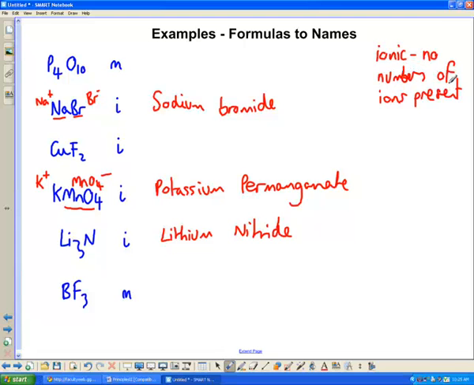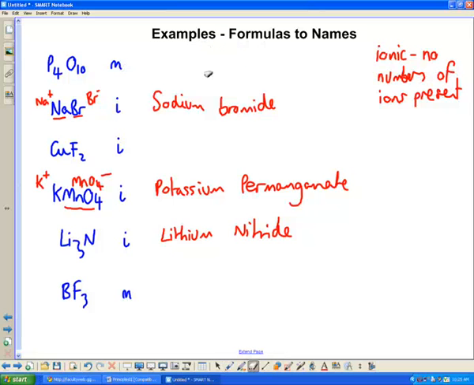So you don't use any prefixes like di or tri or anything like that. Even if you had something like CaCl2, it's calcium chloride. It's not calcium dichloride, all right? You don't use any numbers or prefixes when you're talking about ionic compounds. When you talk about molecular compounds, you do. And that's the main difference.